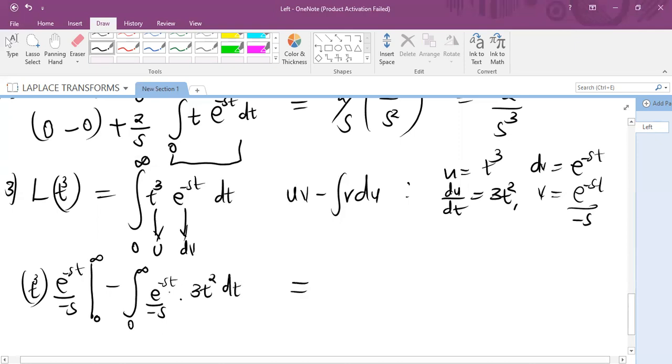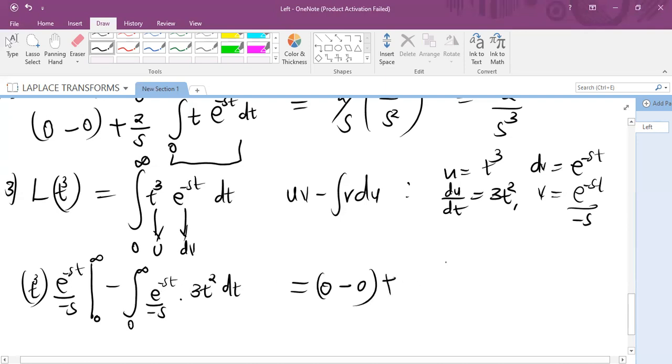Replacing infinity here, because of exponential minus infinity we get a 0, minus replacing 0 here, because of this t we get a 0. So minus, that will give us a plus.